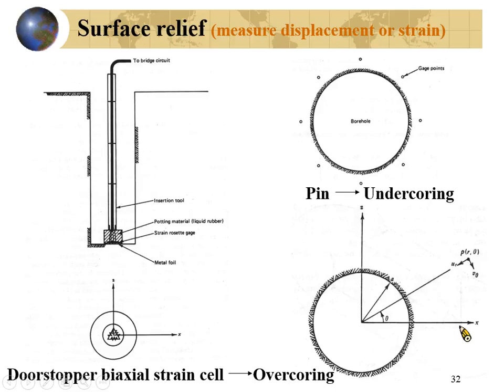I'll start from the overcoring. So I have a tunnel wall here, and I put 8 pins around the tunnel wall and overcore it, and take the rod core out. So you will have a hole, and all of the pins will move toward the center of the hole.